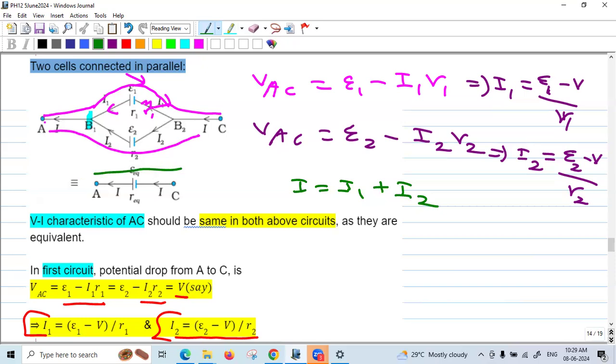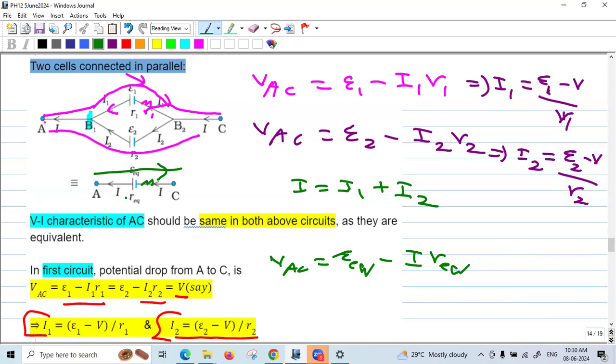In the equivalent circuit, if I write the same relation for V_AC, the drop from A to C going along this path, I'm representing it as V, it is E equivalent minus I into R equivalent, where I put R equivalent outside.